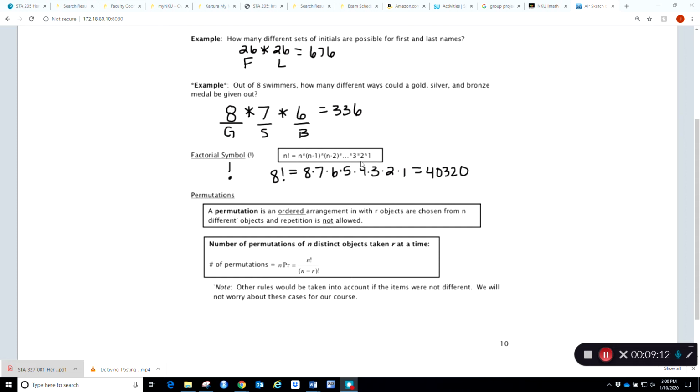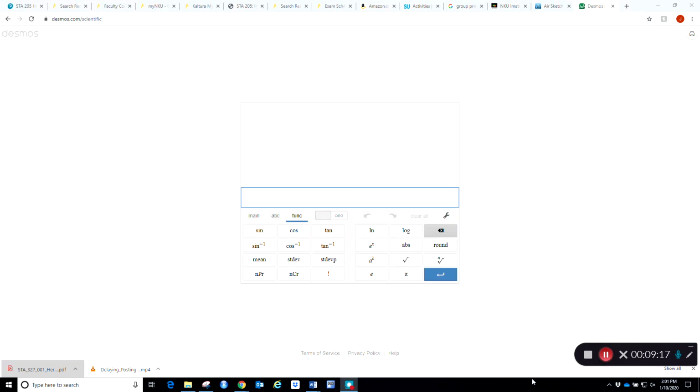And doing that, we would get 40,320. So one thing we might want to do first is make sure you can find that on your calculator. In your scientific calculator, you're going to find generally these 3 keys together: this nPr, the nCr, and the exclamation point. Often it's under a probability function, or can sometimes be where you have to hit second before you can get these values to occur.